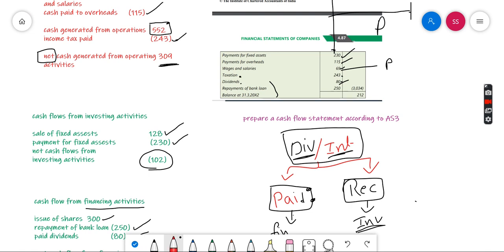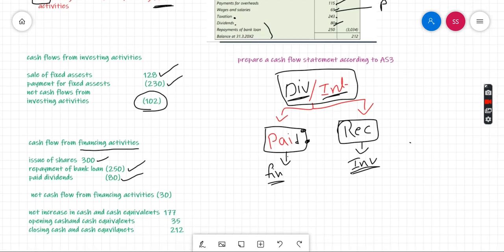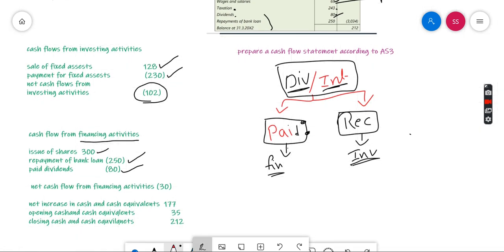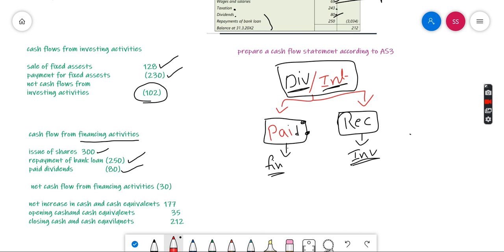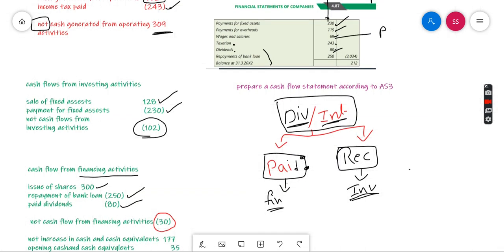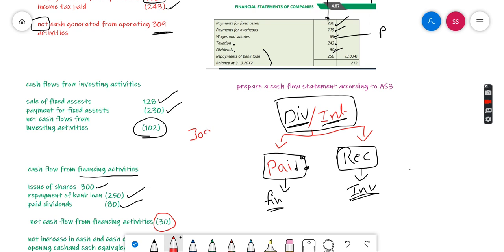Now let's do the balance for the financing activities. 300 minus 250 minus 80, you will get minus 30. So here also minus 102. For the operating activities, we got 309, the positive cash flow, and then minus 102 from the investing activities, minus 30.